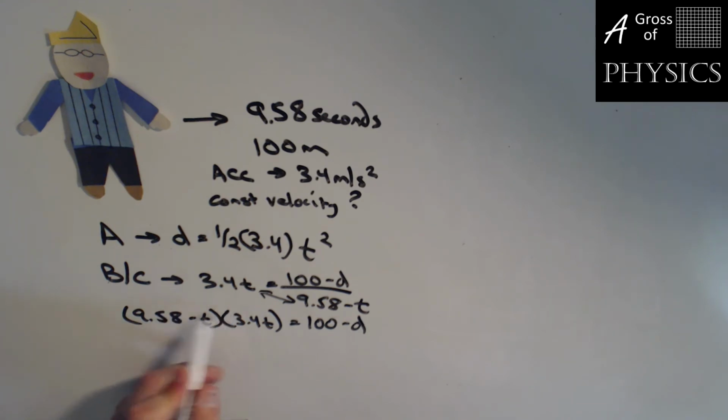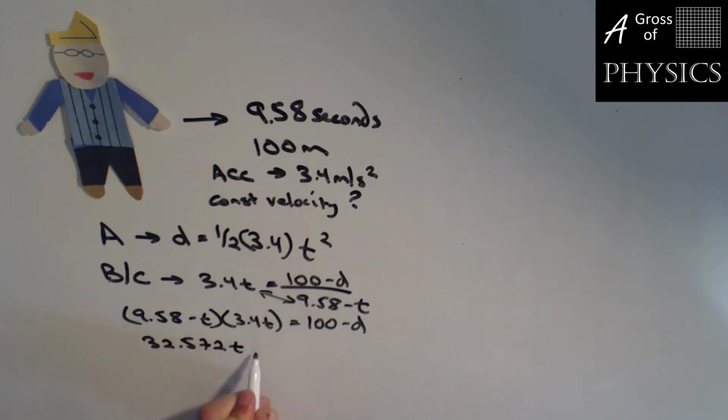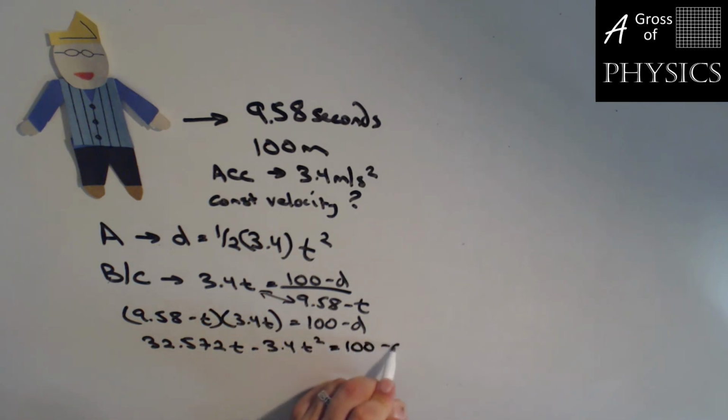I have to multiply each of these terms by 3.4t. So if I do 3.4 times 9.58, I'm going to get 32.572, and the t stays, minus 3.4, and then t squared equals 100 minus d.